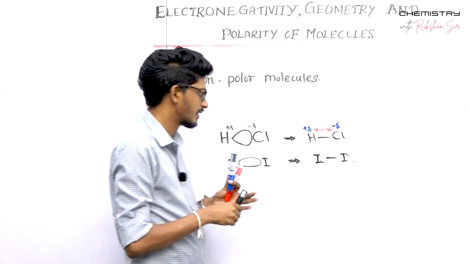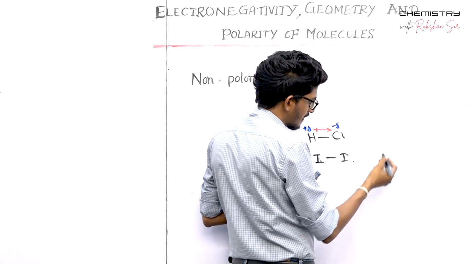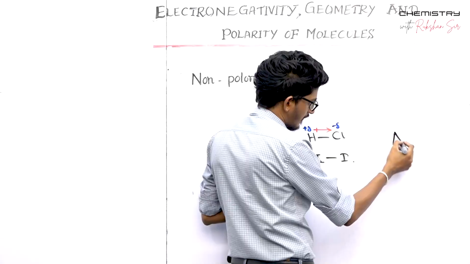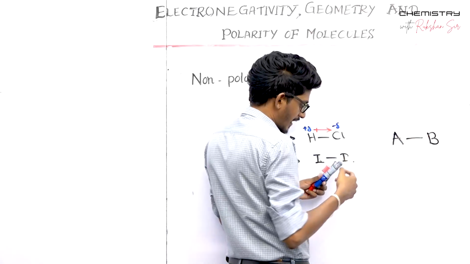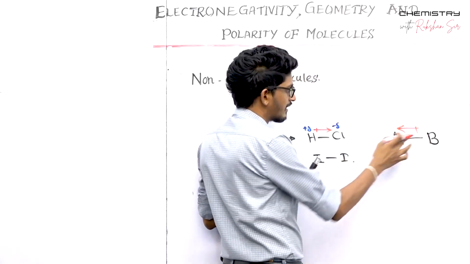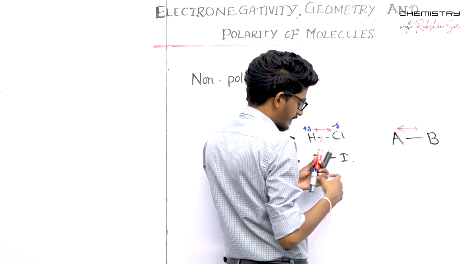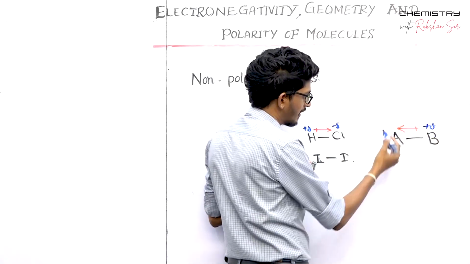Let's say you have a species where A and B are joined by a bond, and the dipole moment is marked like this. Then we can say this one is the positive terminal of the bond and this one is the negative terminal.